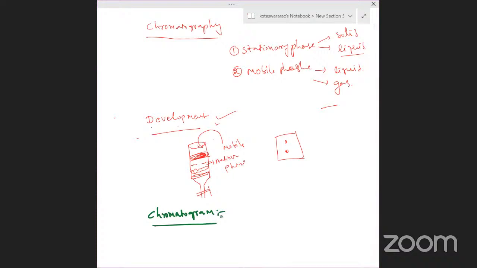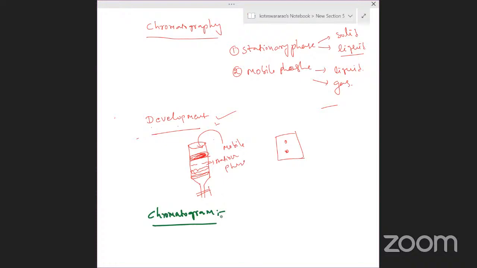That is called a chromatograph. In manual or normal chromatography, like thin layer chromatography, paper chromatography, preparative chromatography, column chromatography, no separate chromatogram is developed. Whatever result appears on the instrument, equipment or glass plate, that is called a chromatograph.